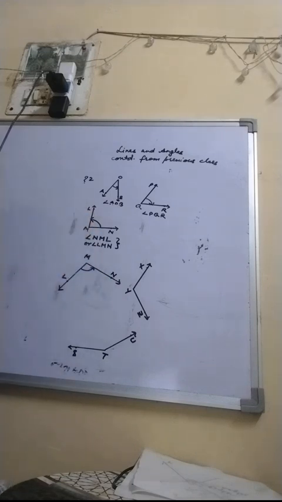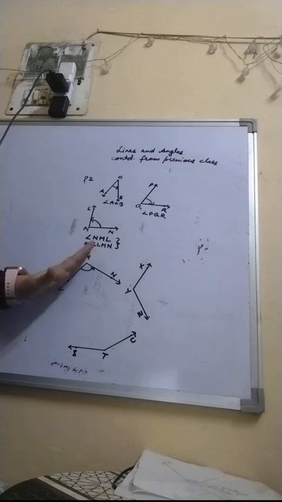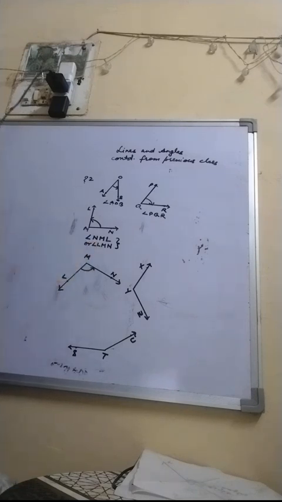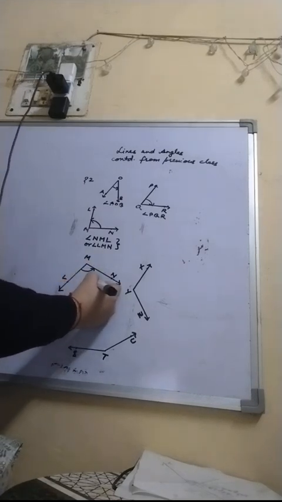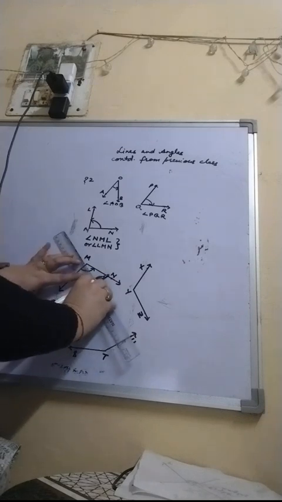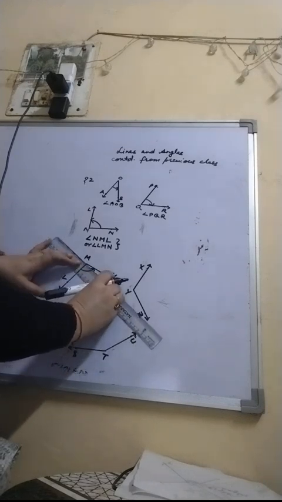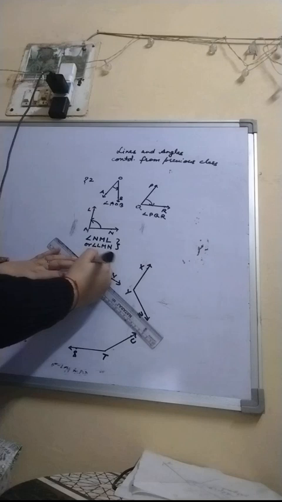Now where would its 90-degree fall? I am starting from LM. So the right angle should start turning from here to here. So where would I make the L? It would be somewhere here.